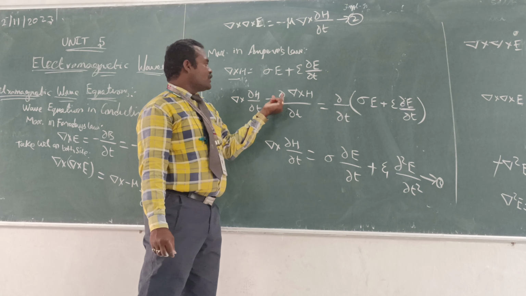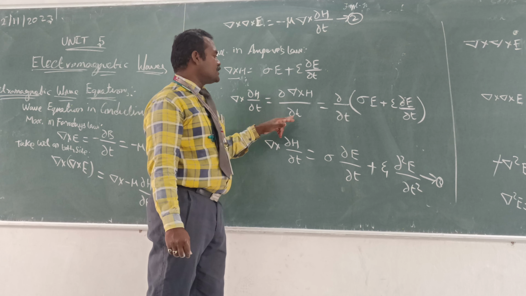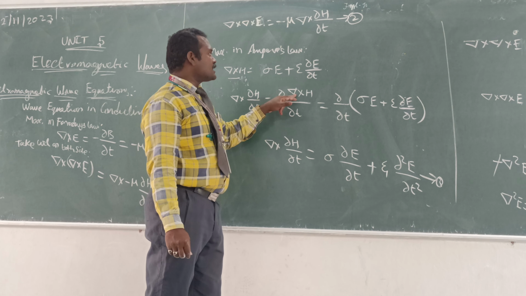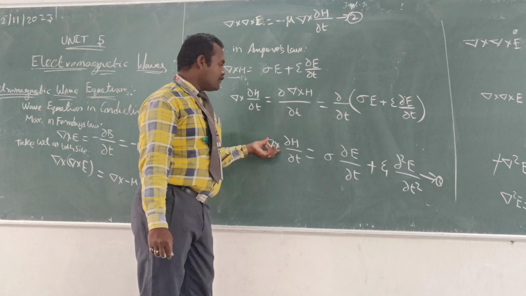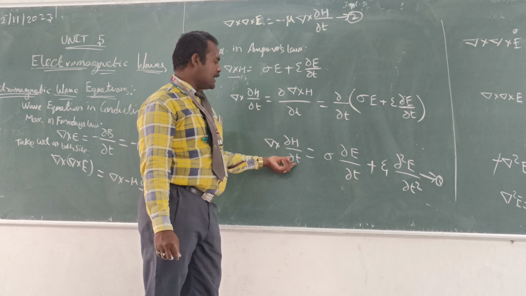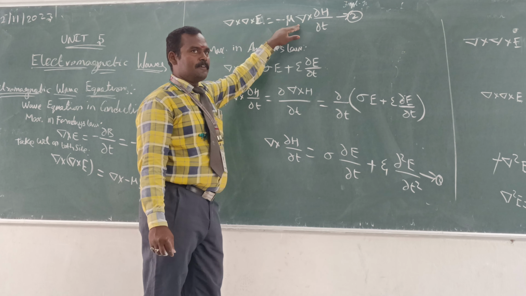Since the curl is already there, we have dou into del cross H divided by dou T. The value of del cross H we already know, so you can substitute it and find the expression del cross dou H by dou T, which is needed for our previous expression.